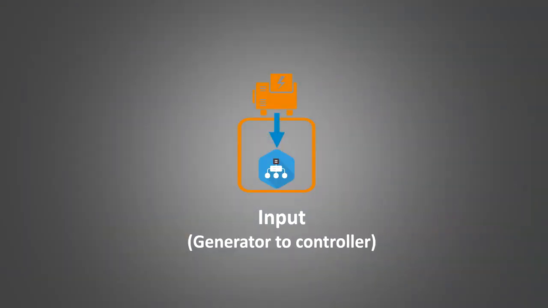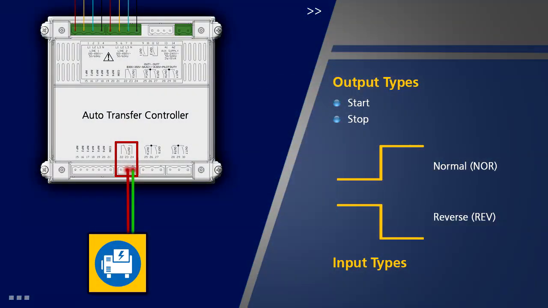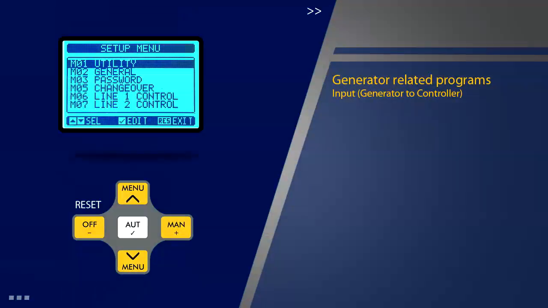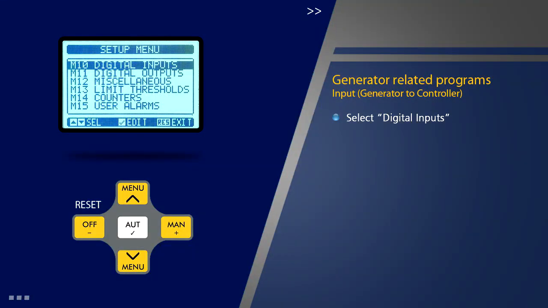Input, Generator to Controller. Feedback from generator is to be connected to terminal 19 of input 5 of the controller, and the same is to be programmed as follows. Select parameter 10, Digital Inputs, on the Setup menu page and press OK.